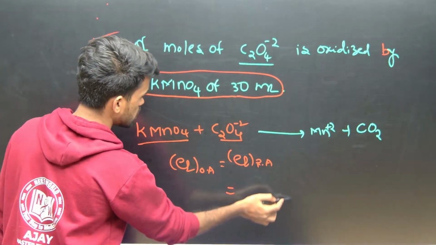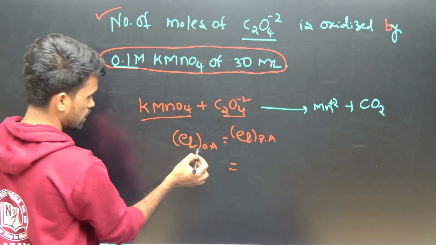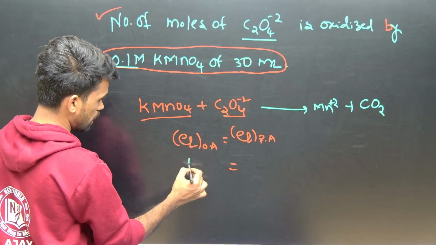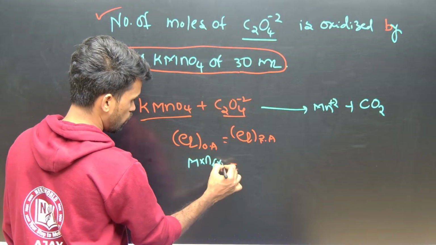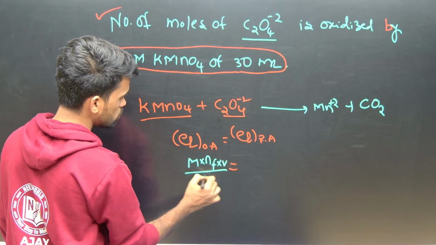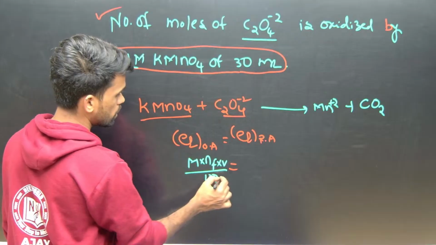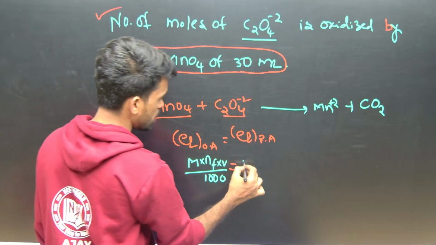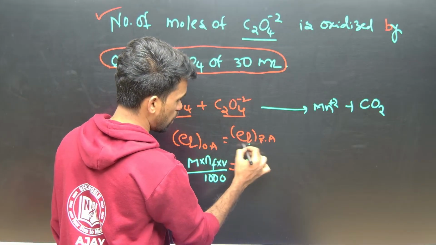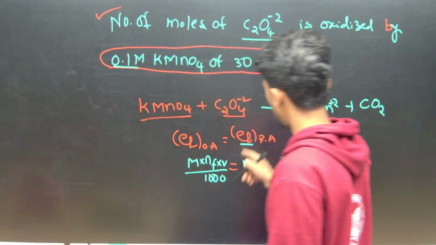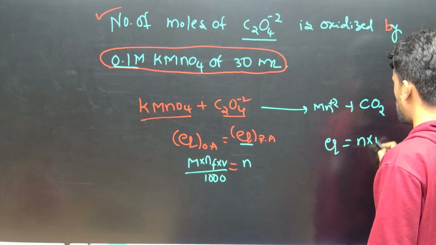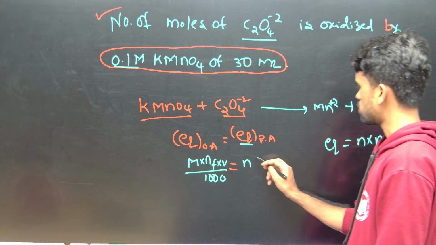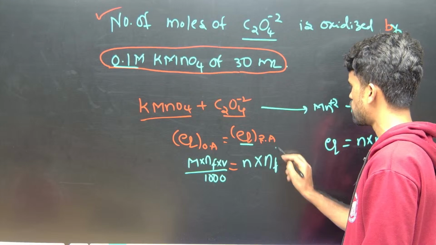Wherever we have the law of equivalence, you can write M into n factor into volume, and if this is in ml, you divide with 1000. On the other side, the number of equivalents is n into n factor of the reducing agent.